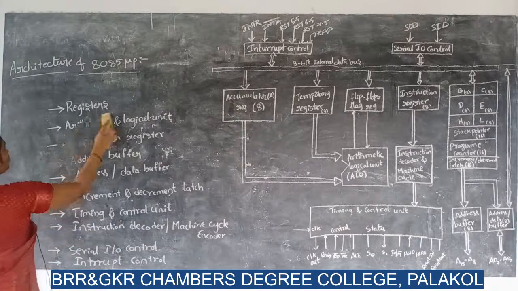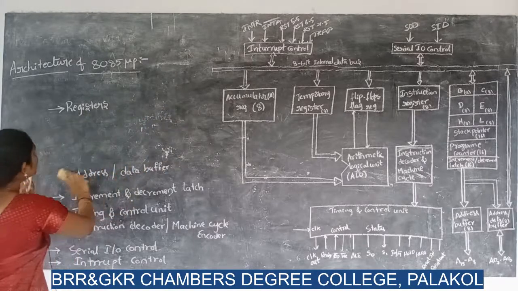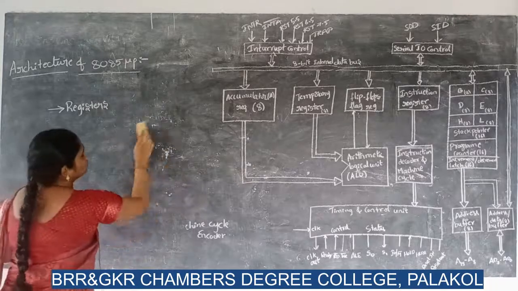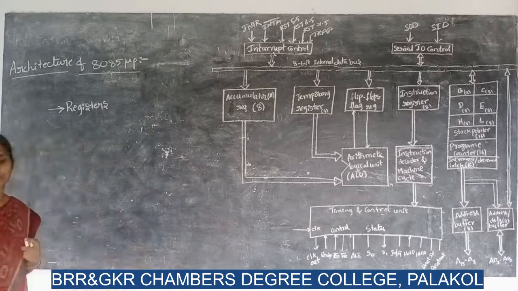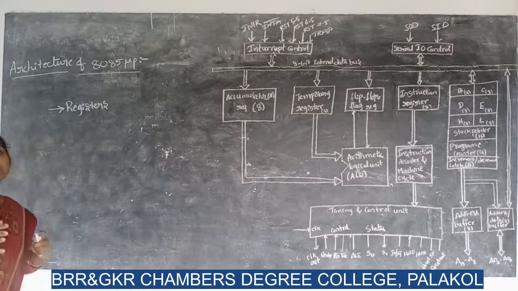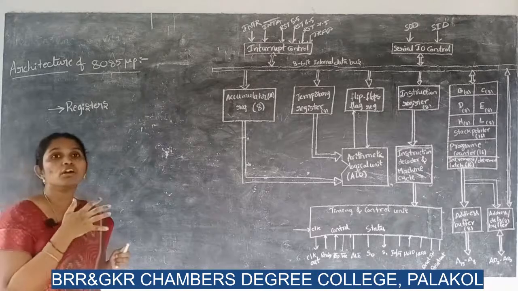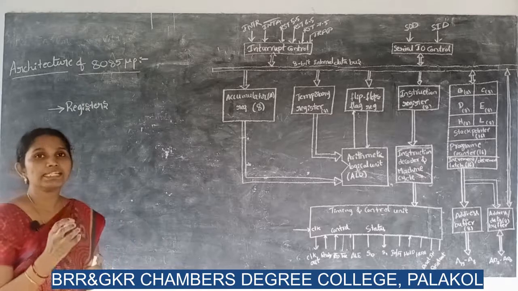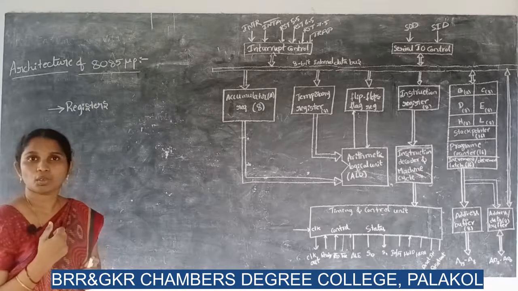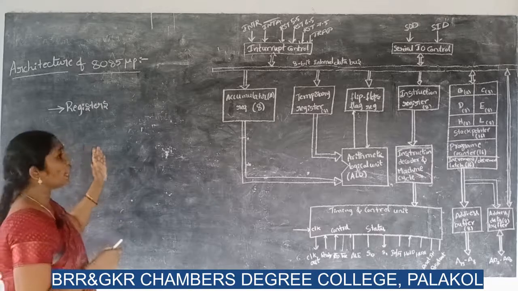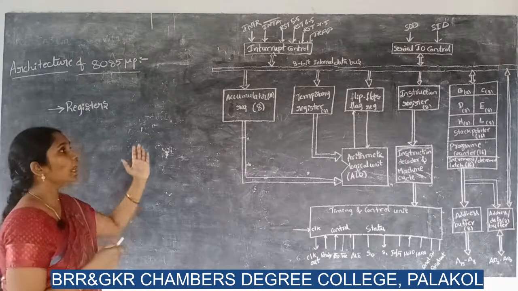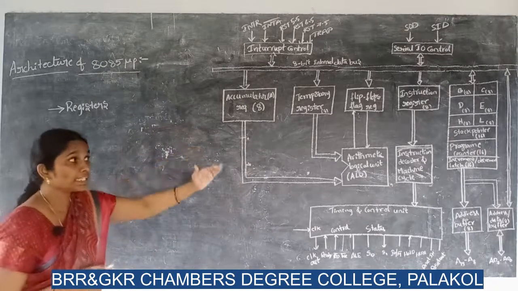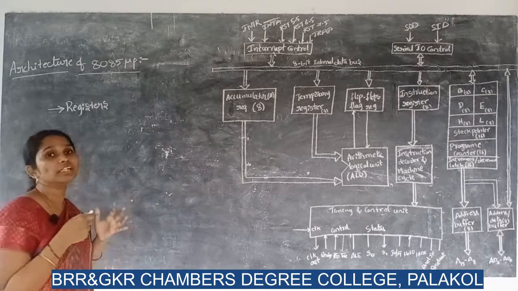The first one is registers. A register is nothing but a set of flip-flops. That means a register is a storage device. The 8085 consists of a set of registers. That means the architecture consists of an array of registers.